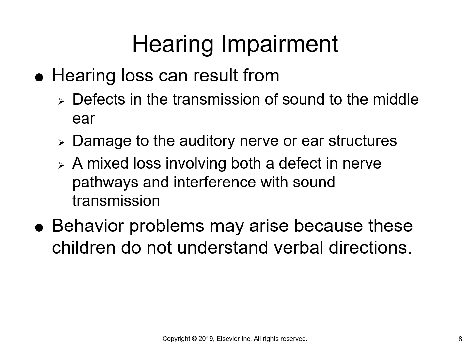So what are the examples? Maybe an impacted cerumen, right? Maybe a perforation of the tympanic membrane, or maybe it's inflammation or infection. Those are the things that could cause that conductive hearing impairment.